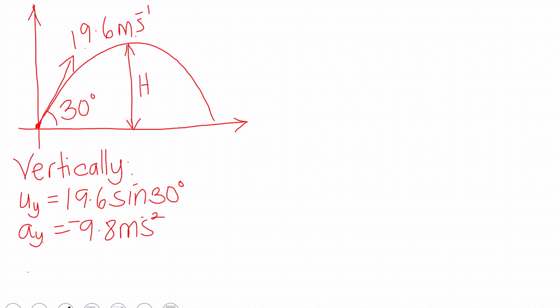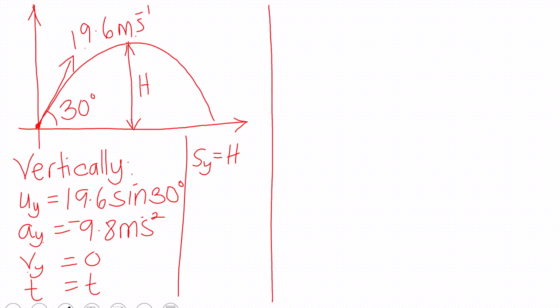We know that at this point our v in the y is equal to 0, and we can call our time t, and lastly, our s in the y will be h, which is this distance at that point.